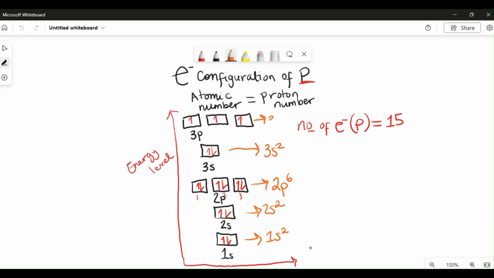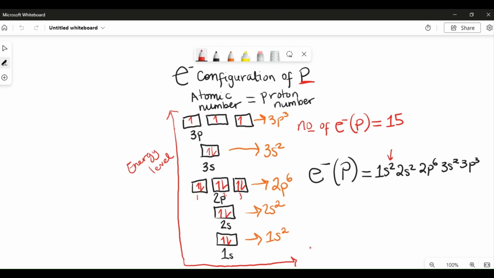And then we have 3p3 because we've got three electrons. Hence, the electron configuration for phosphorus is going to be 1s2, 2s2, 2p6, 3s2, and 3p3.